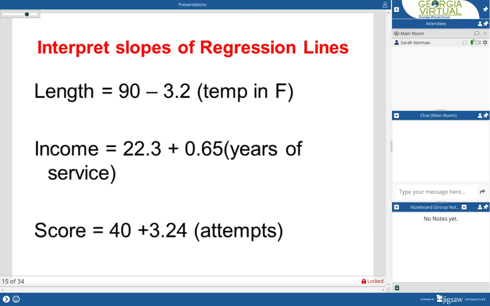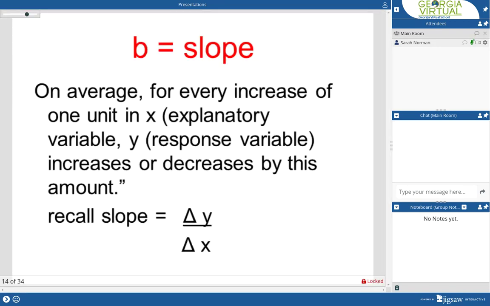Explanatory, again, is the x. Response variable is the y. You might want to write that down as we're going through these examples. X is the explanatory, y is the response.